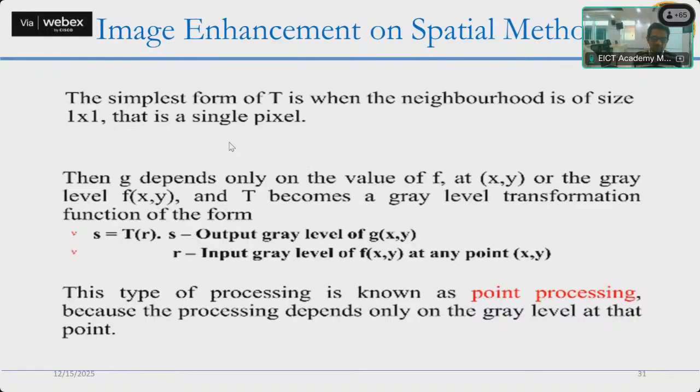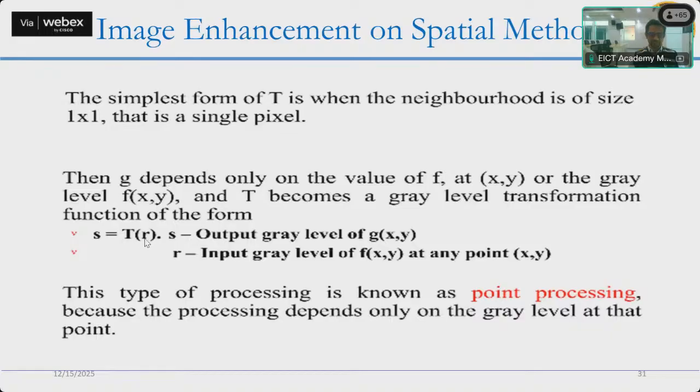So what you do, for example, one is basically the gray level transformation. What does gray level transformation mean? Gray level means the value of the pixel intensity that you are seeing, and you are transforming that value. How are you transforming that value? For example, you are applying T. What is this capital T? This is some transformation function.